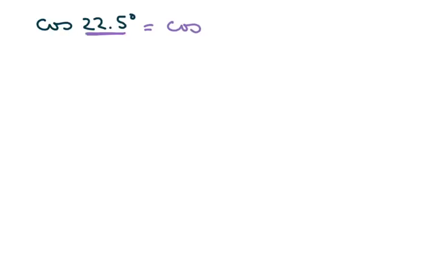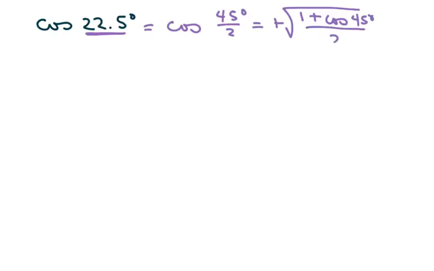And so we have cosine of 45 degrees over 2 equals positive, we're using the positive square root of 1 plus cosine of 45 degrees over 2. Alright, so this is our angle, and I'm just using that formula. So we're going to get 1 plus square root of 2 over 2 divided by 2. I go ahead and change this 1 to 2 over 2 because of the common denominator.